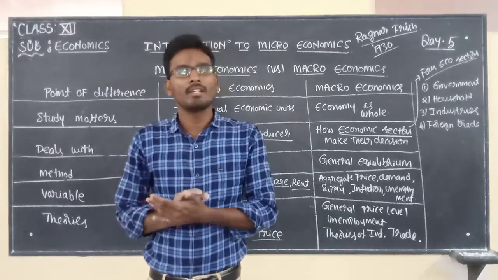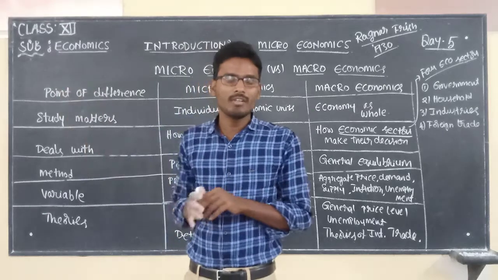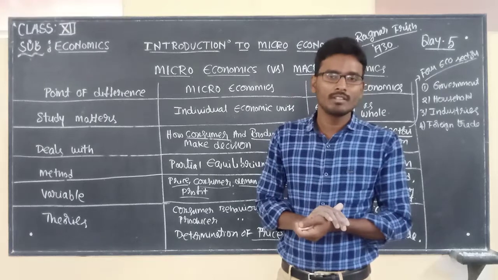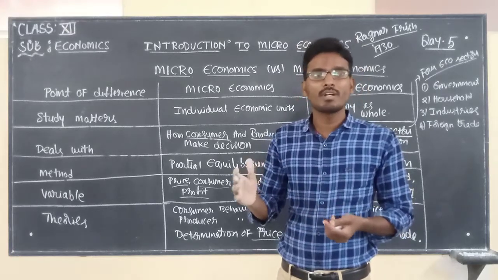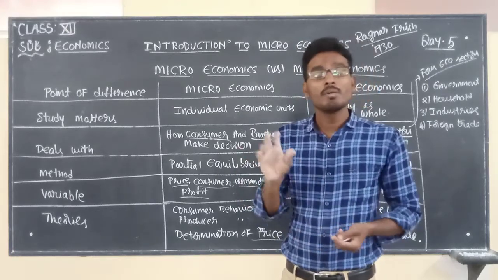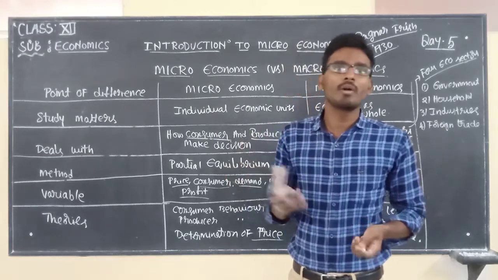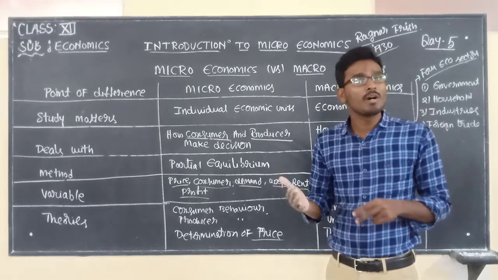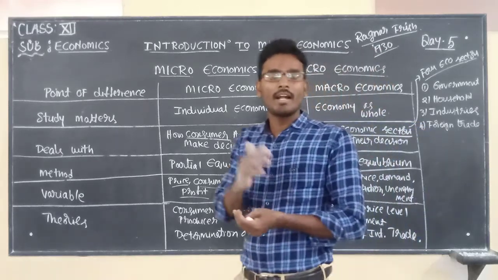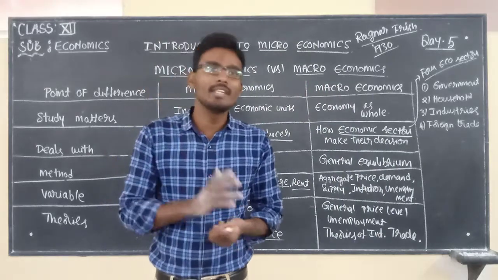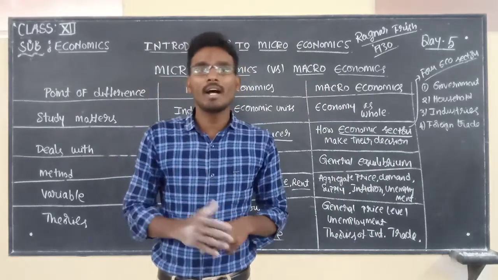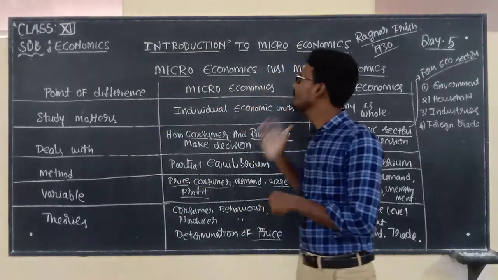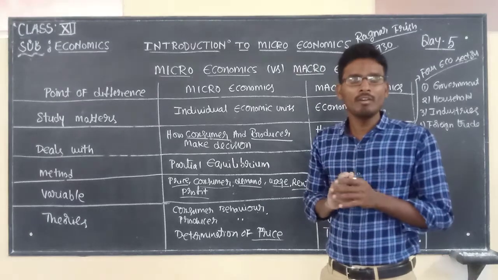So in this chapter we discussed, from the first class until now, a simple economy, and after that organization of economic activities, and what the different types of economies in the world are, and the production possibility curve, a very important topic. After that we discussed whether economics is a positive science or normative science, and two methods in economics, deductive method and inductive method, and then the differentiation between microeconomics and macroeconomics.